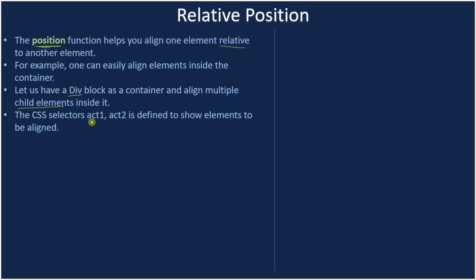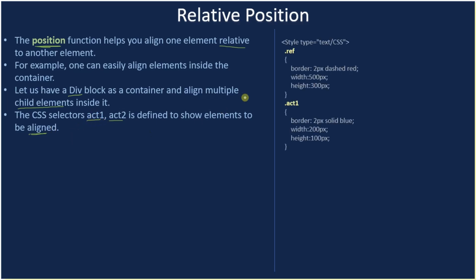The CSS selectors act1, act2 are defined to show the elements to be aligned, right? So we define two selectors here, act1 and act2. And if you see, this is act1 and we are setting border, width and height. This is just to show the element that needs to be aligned.